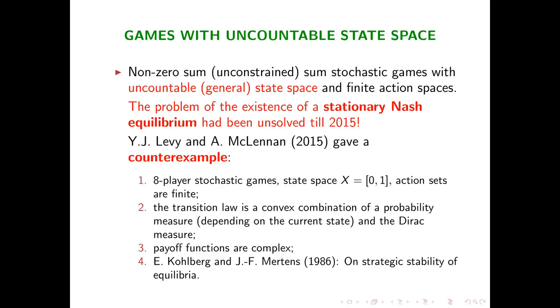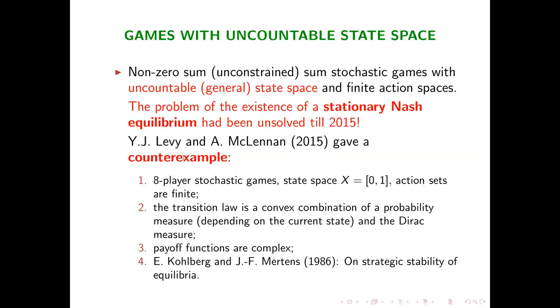And there was a question about the existence of stationary Nash equilibrium for games with general state space. And the problem of the existence had been unsolved till 2015. So from 1978 to 2015.